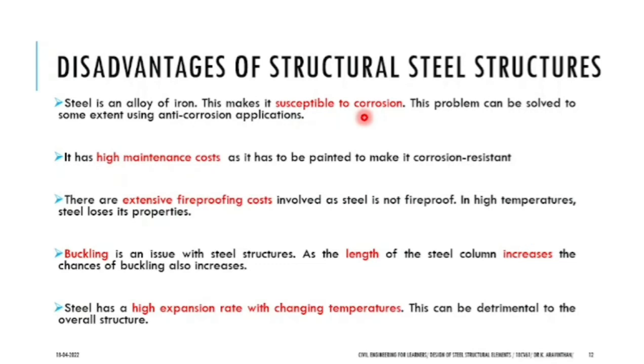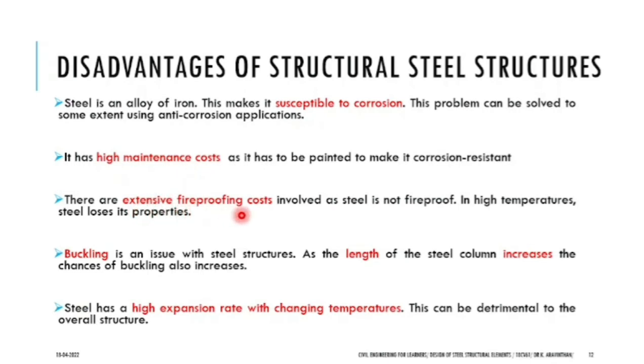Wherever you have a moderate temperature within 10 to 40 degrees, within this range, the steel structure performs most efficiently. If you are going beyond that, you should have a proper maintenance activity. And due to its high maintenance cost, there is a disadvantage. Even though you have quick construction, the maintenance is a disadvantage.